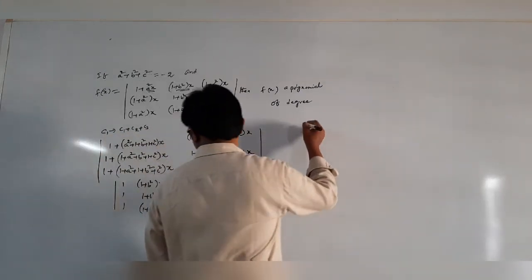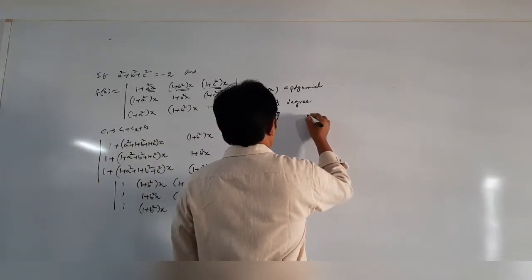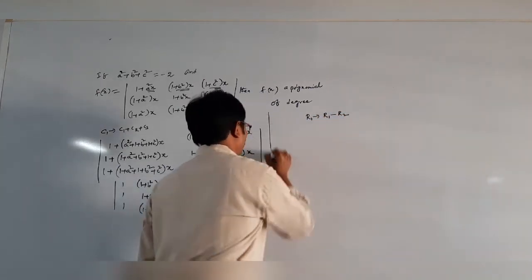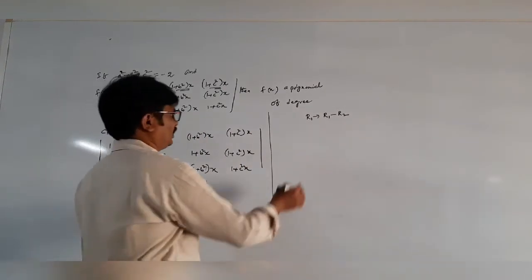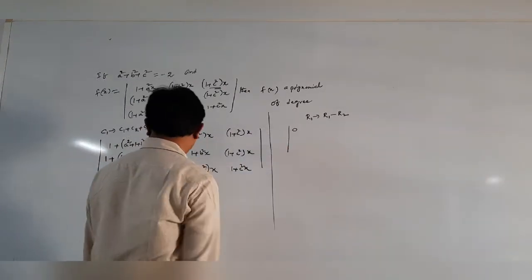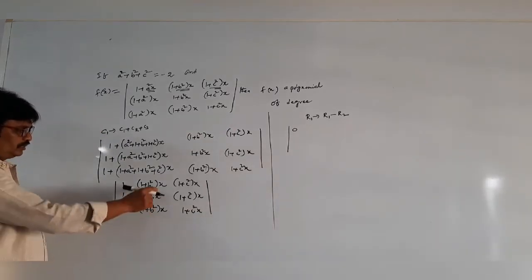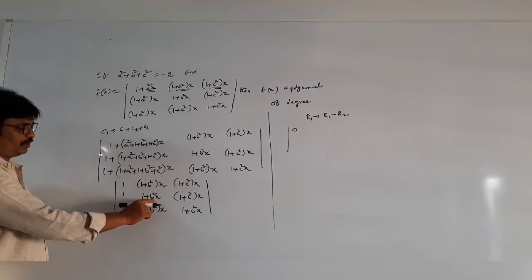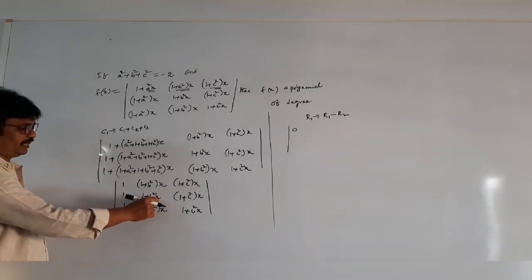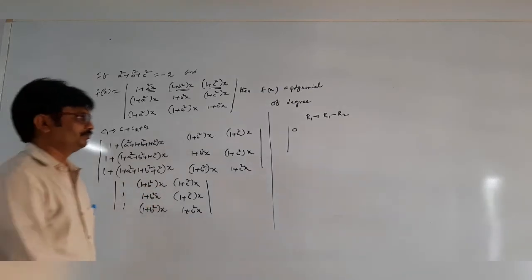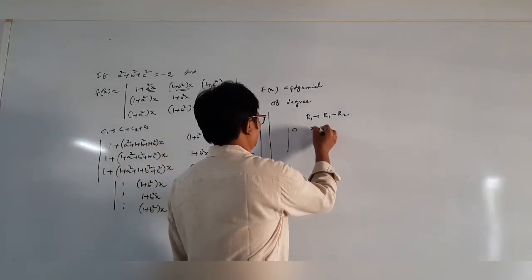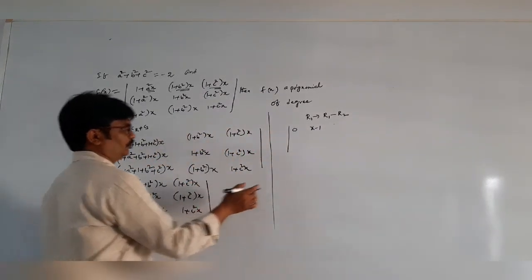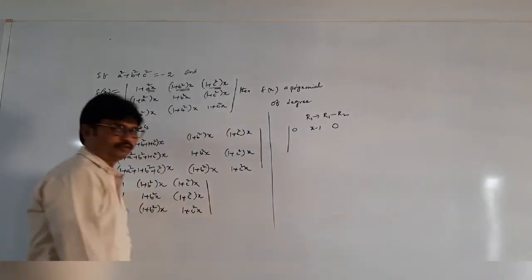First, R1 replaced by R1 minus R2. That is 1 minus 1, 0. After that, b²x cancels, giving x minus 1. That is x minus 1. After that, this is also 0. R1 minus R2.